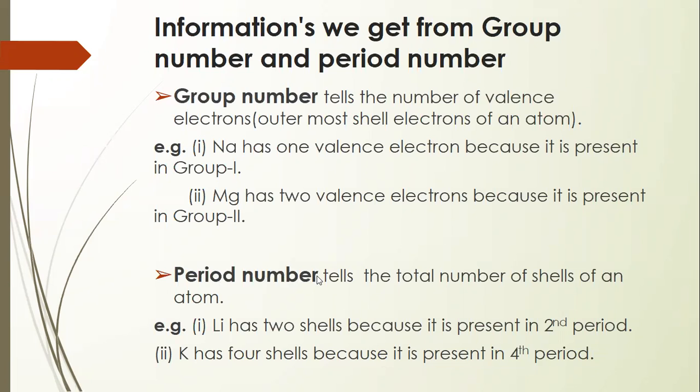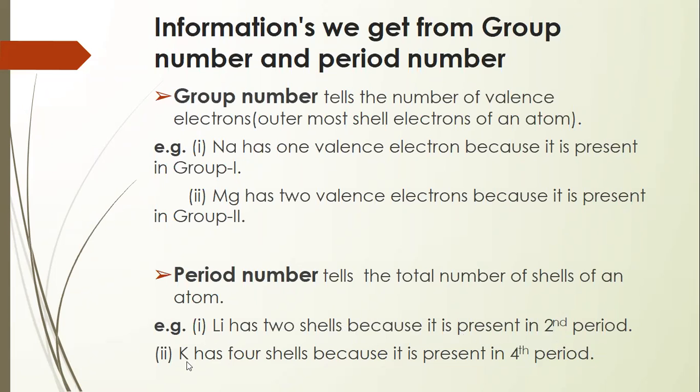Then we move to the period number. The period number tells the total number of shells of an atom. Group number gives us information about the electrons of the valence shell; valence means outer shell. Period shows us the number of shells. For example, lithium has two shells because it is present in the second period.